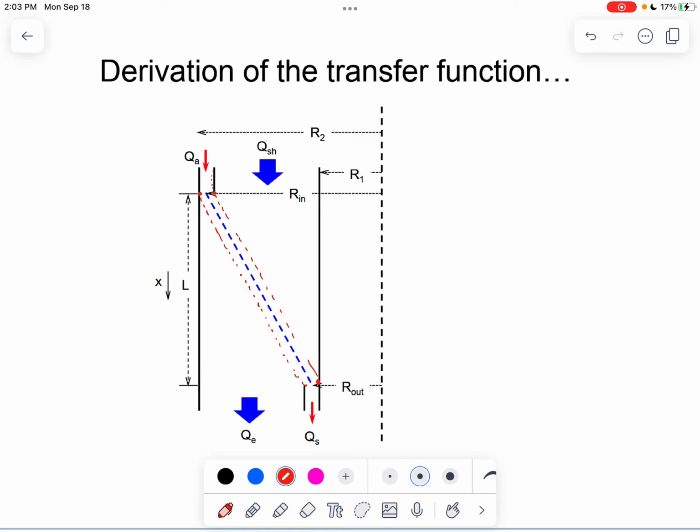Particles with the same perfect electrical mobility, they can follow this streamline here, or they can follow this trajectory here and also get collected, right? This is what happens to this transfer function. Right, with this perfect electrical mobility, that's 100%.